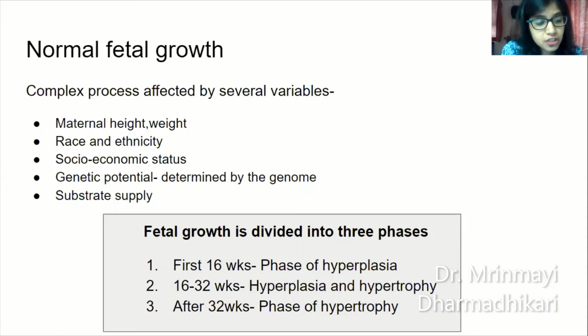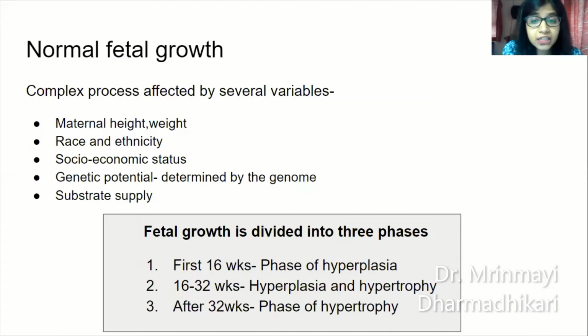Genetic potential is what determines how big the baby will grow. This is determined by the genome, which in turn is inherited from the maternal and paternal side. Substrate supply is another important factor which determines fetal growth. This includes not only the nutrients but also oxygen supply.